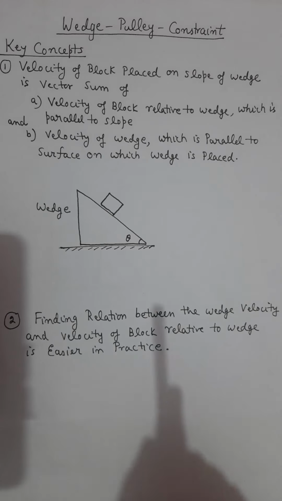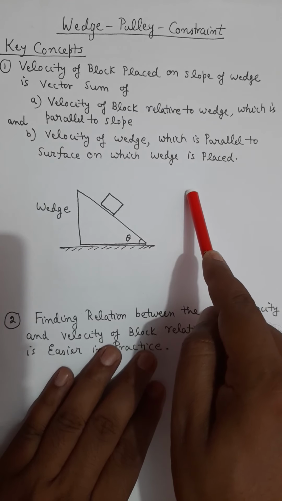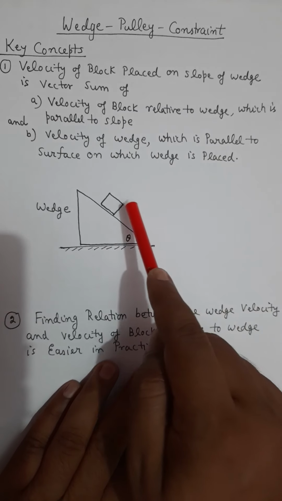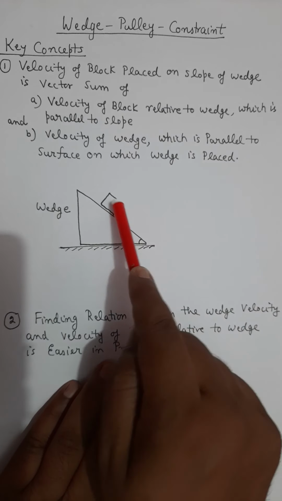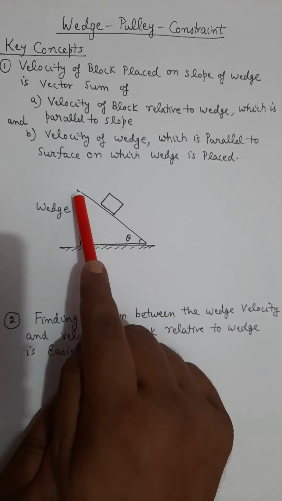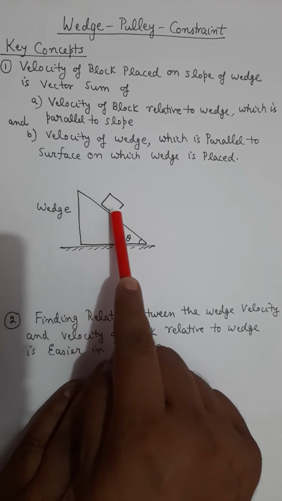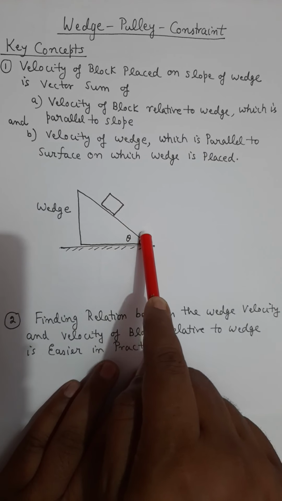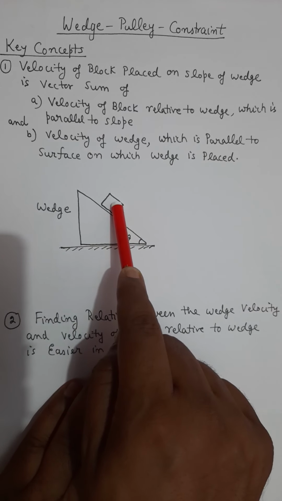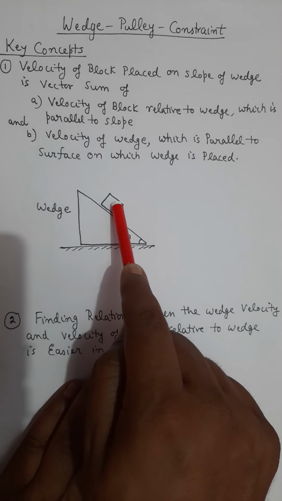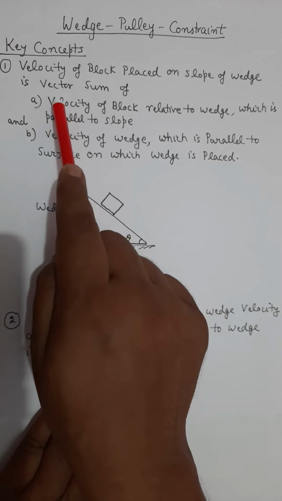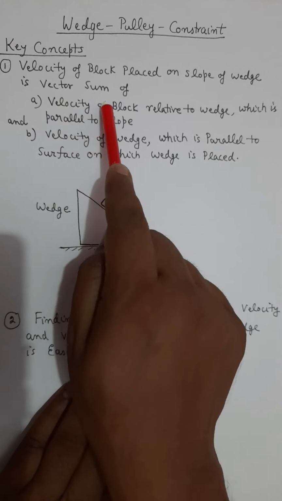Point number one: the velocity of the block, this block which is placed on this slope of the wedge, is obtained by the vector sum of these two.